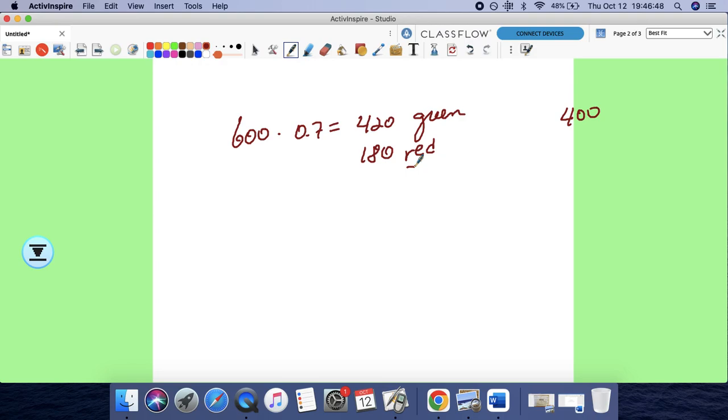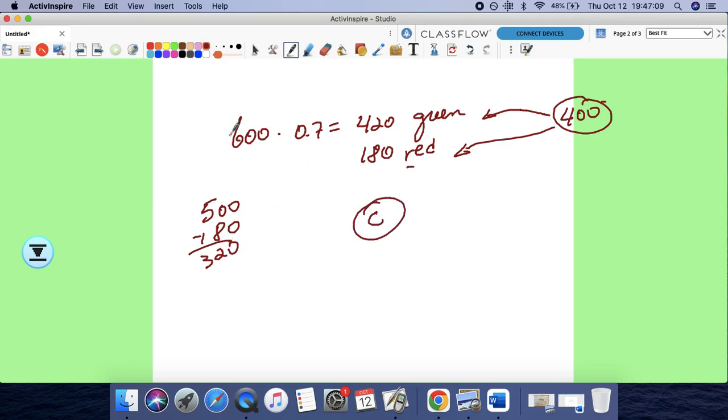So he wants that at the end 500 are red. Out of the 400 that are still to be picked, he wants the red to reach the number 500. So let's just do 500 minus 180, and that's obviously 320. And the answer is C for question 23.